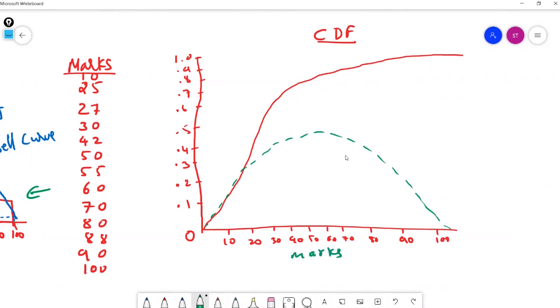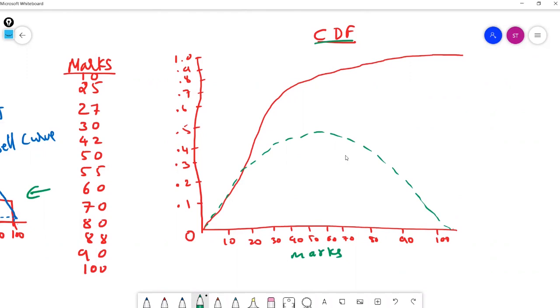As the name says, cumulative density function, it keeps on accumulating. That is why you see how the curve goes: it starts from here, and at some point it will start to flatten, because the data is going down here.